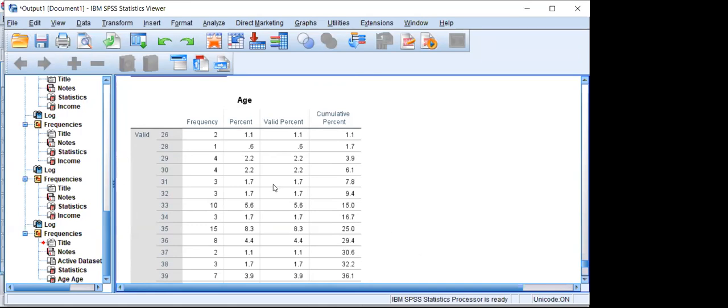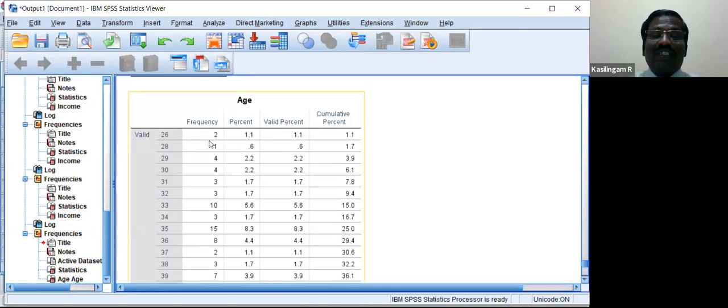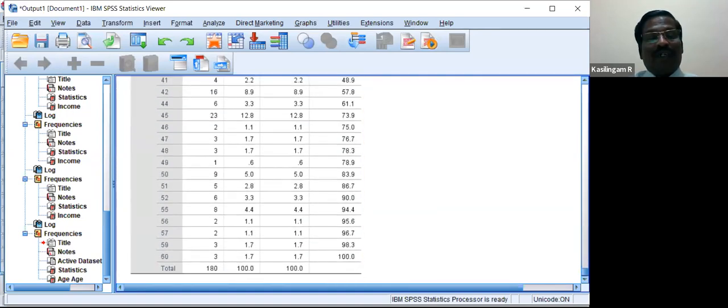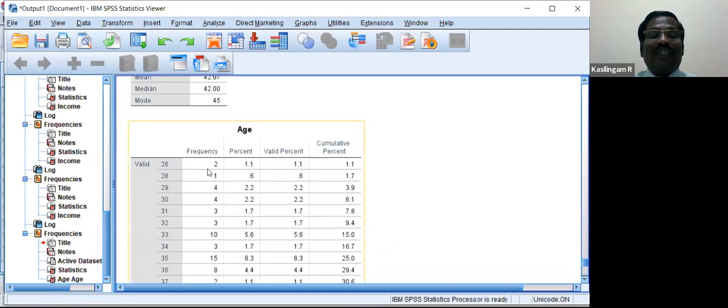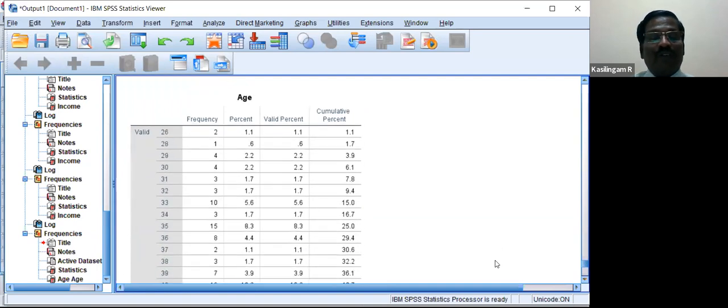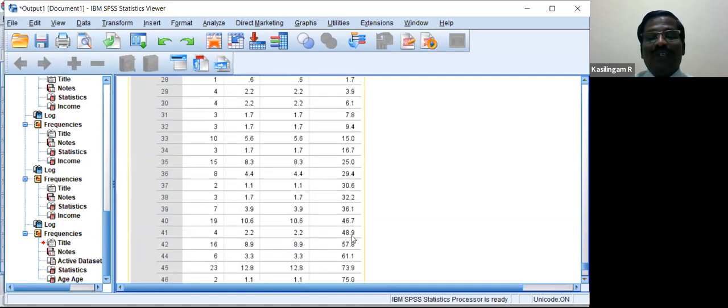So now look at the percentage for 26, two people. So 1.1 because it is collected from 180 people, right? So 28 is 1%, so 0.6. So this is the cumulative. 26, two people, 28, one person. So 3 people out of 180, it is 1.7, right? Added cumulative. Now if we go to 42, you can see the 52, right? 57 people are there.